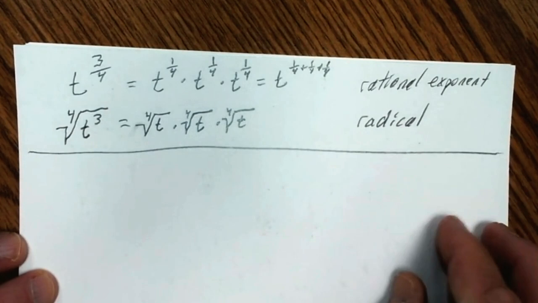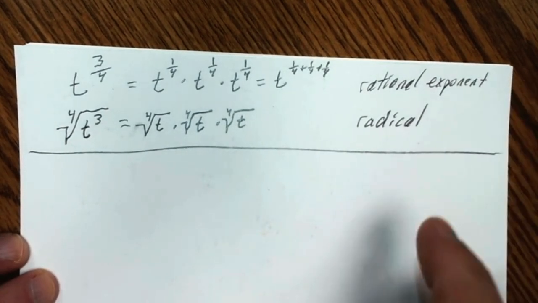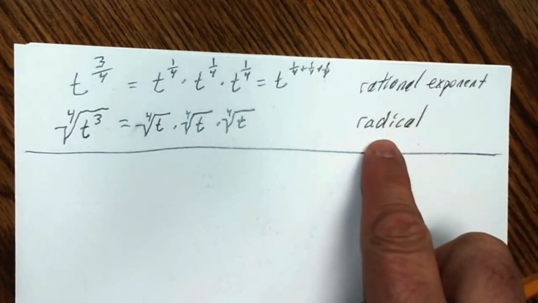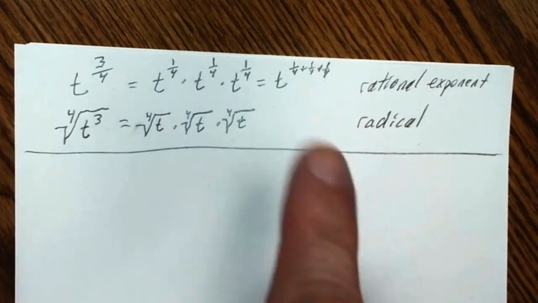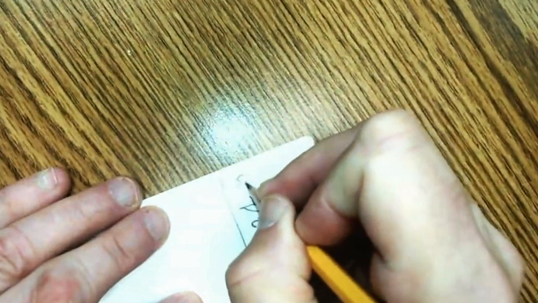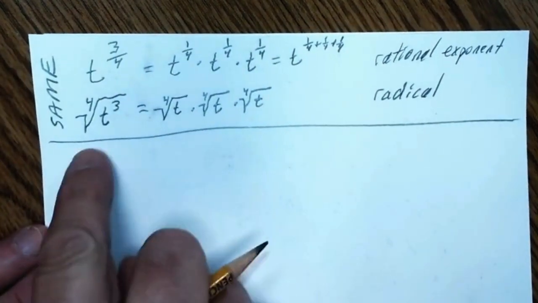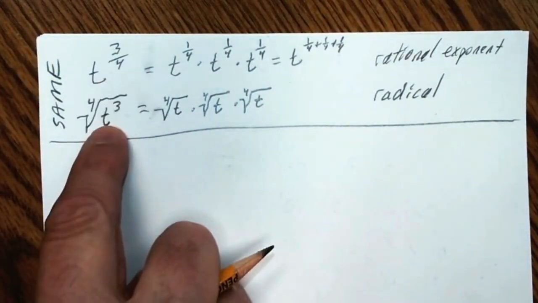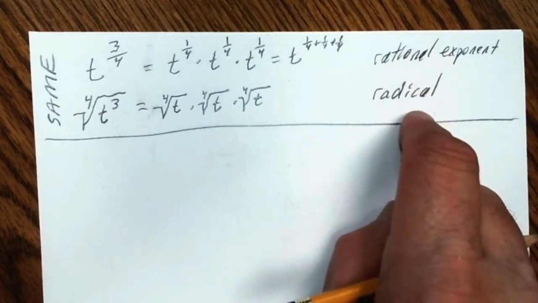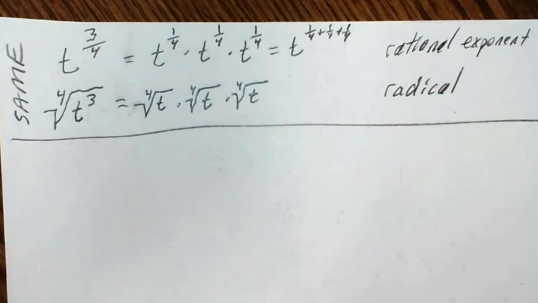So that's great for your notes to know the difference between a rational exponent and a radical, and these are all the same. There you go. I wrote same on the side. These all have the same value. This is the same as that. It's just written in radical form instead of rational exponent form. So that is great for your notes right there.